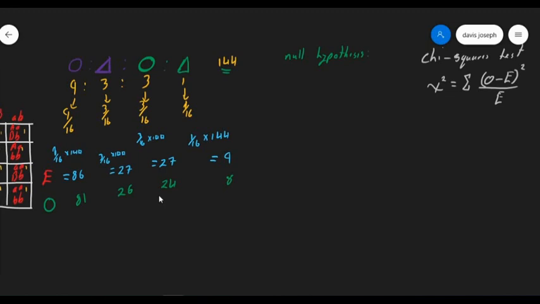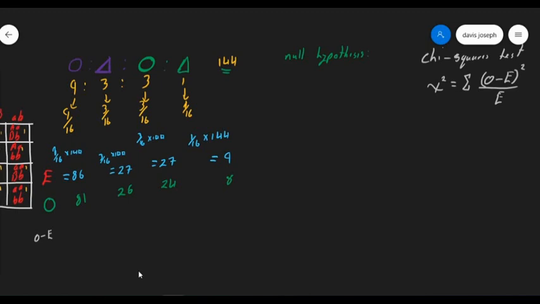So let's calculate our observed minus our expected. So 81 minus 86. I just have a slight feeling that there's an error somewhere.